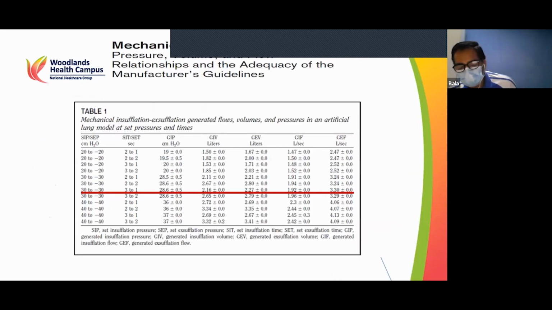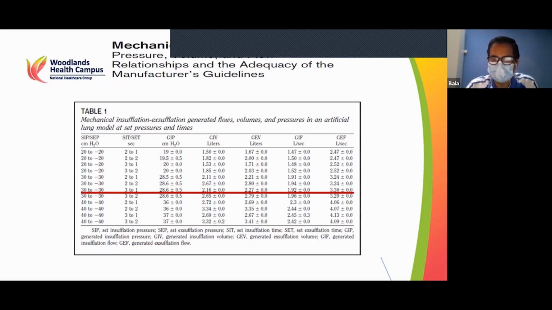Now I asked, what is the optimal value? One of the authors did a study on whether what the manufacturer says is true or not. They found this sweet spot here. If you have an inspiratory pressure of 30 and expiratory of minus 30, with inspiratory time 3 and expiratory time 1, you get a good expiratory flow here. But if you have the same time, the expiratory flow is not optimal.